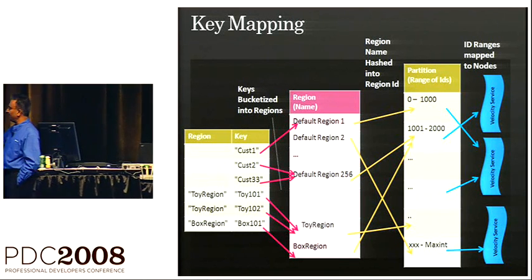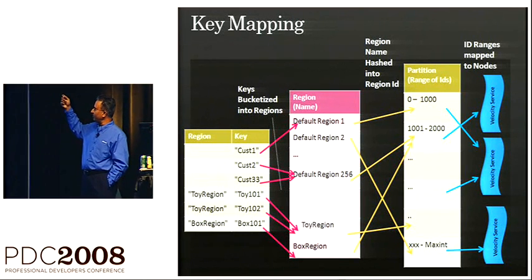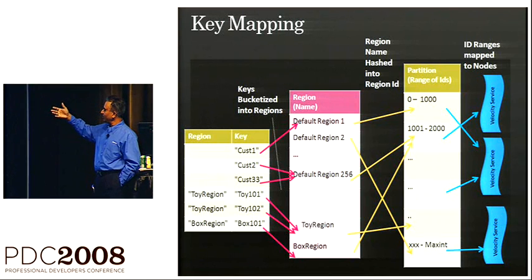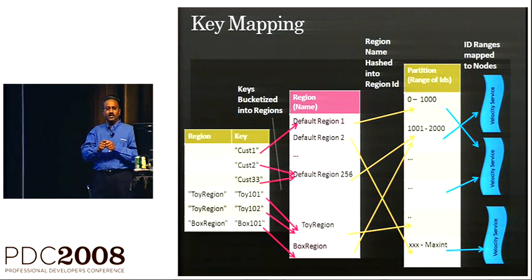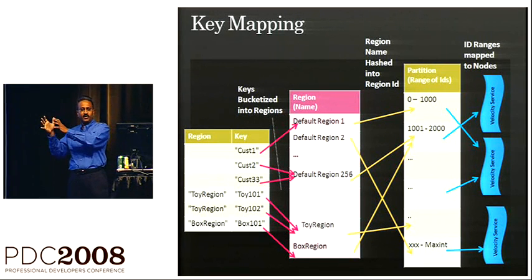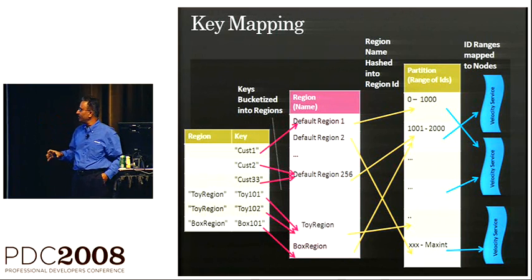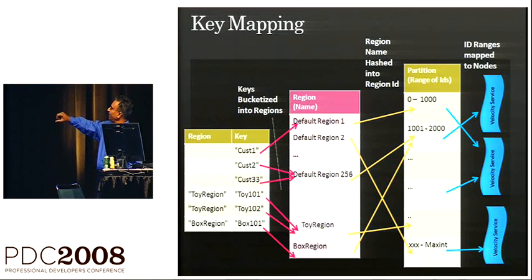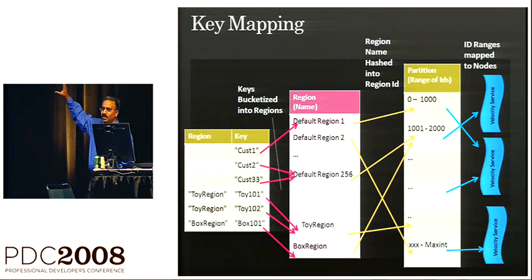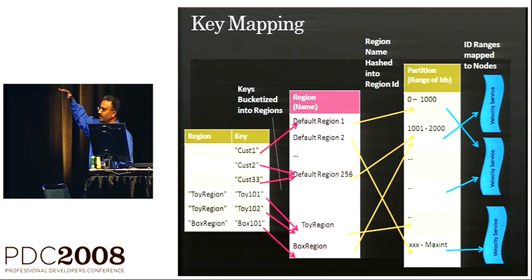MK mentioned we have the notion of items as well as regions. Fundamentally we take the keys, whether it is a region or an item. If it is an item, we create a default region and put it into the default region, and those regions get hashed into certain IDs. Now you take all the ID space and partition it.